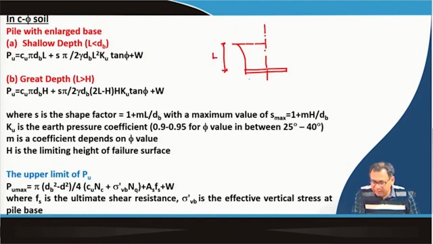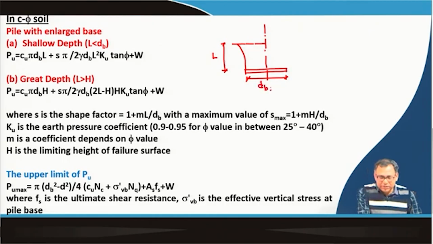If L is less than dB, then I will use this equation for c-phi soil. Then there is a term S, and then there is a term Ku. So, these two we have to determine.